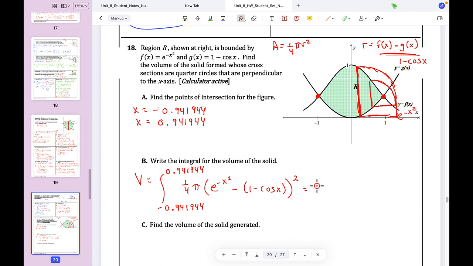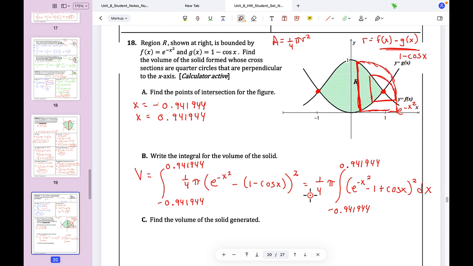So that will be 1/4 pi times the integral from negative 0.941944 to positive 0.941944 of (e to the negative x squared, distributing that negative, minus 1 plus cosine x) squared dx.